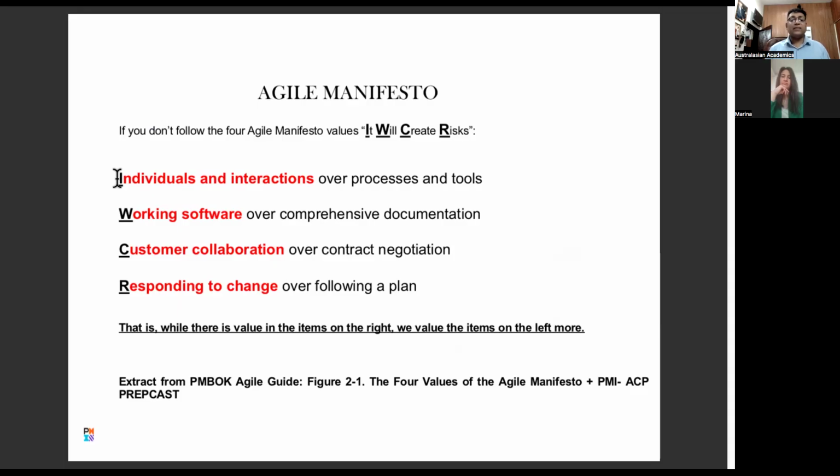Third point, you've got customer collaboration over contract negotiation. So instead of getting deep into contracts and documentation and a 1,000-page contract, you're collaborating more with your customers, right? You've got a category manager or a product owner, they call it in the Agile world as well. That's the customer's voice, right?